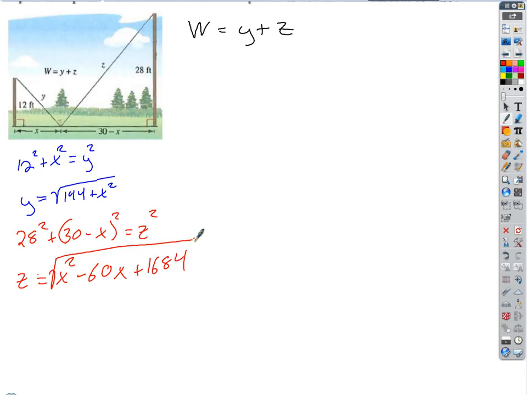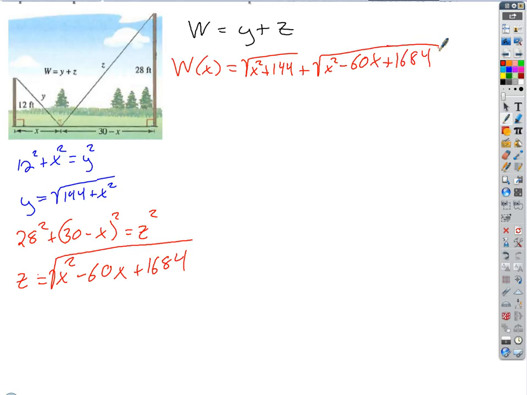So w as a function of x is the square root of x squared plus 144, plus the square root of x squared minus 60x plus 1684.